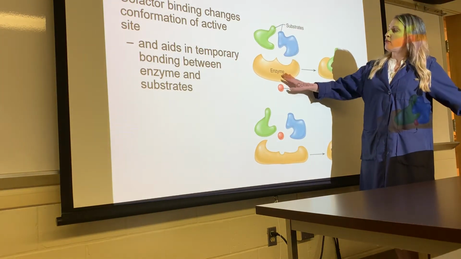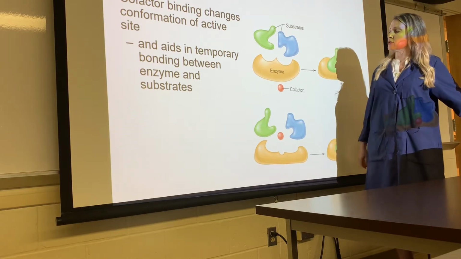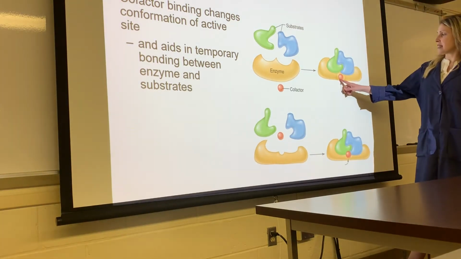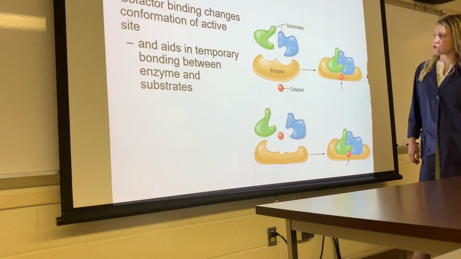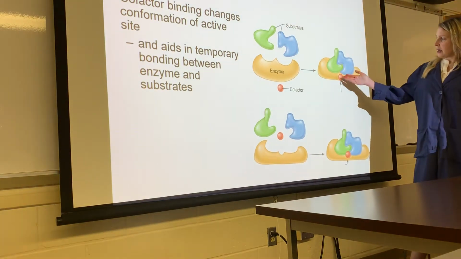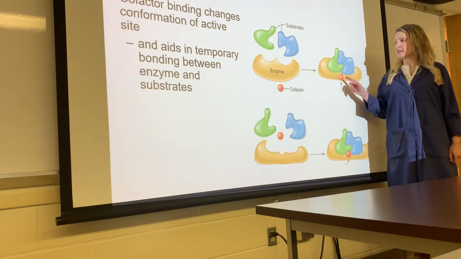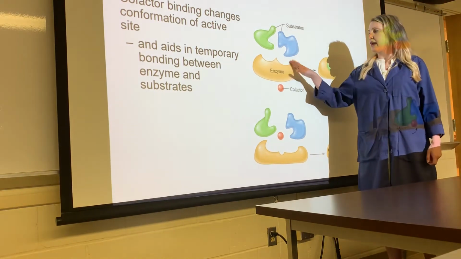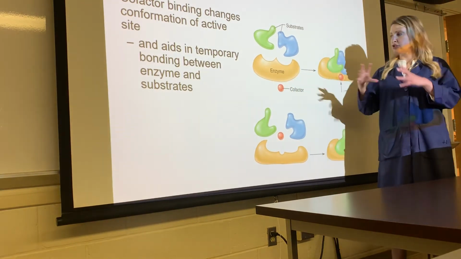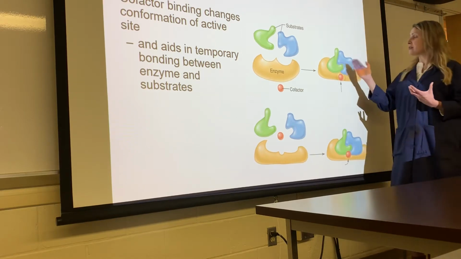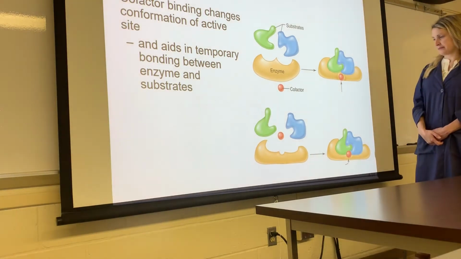Cofactors can bind to enzymes. In this case, they're showing a cofactor binding to another site that isn't the active site. What that does is it causes the active site to change its shape, so now the substrates can actually bind.